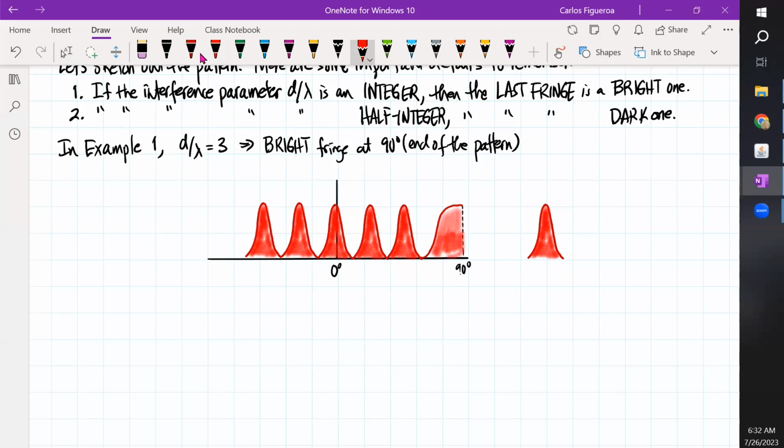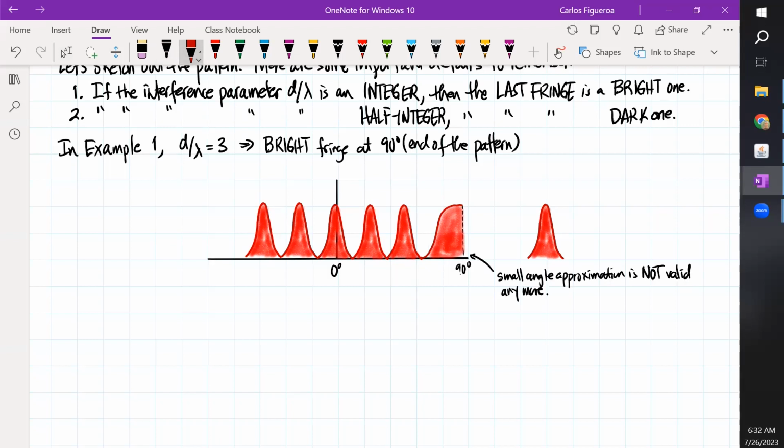Note that this is not the same as the others, and the reason is that the small angle approximation is not valid anymore. So they're not going to be evenly spaced.